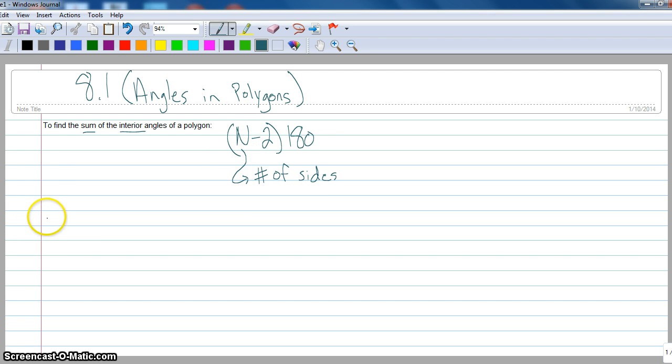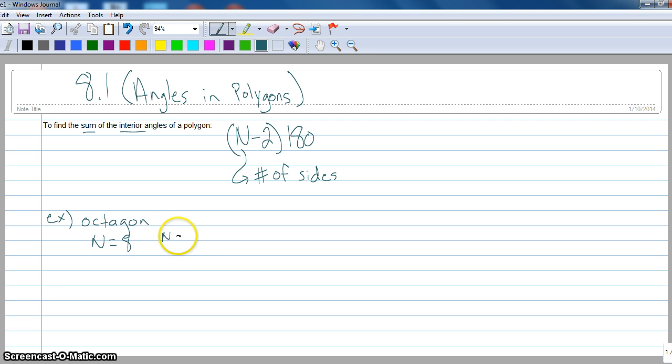So for example, what is the sum of the interior angles of an octagon? Well, an octagon has 8 sides.